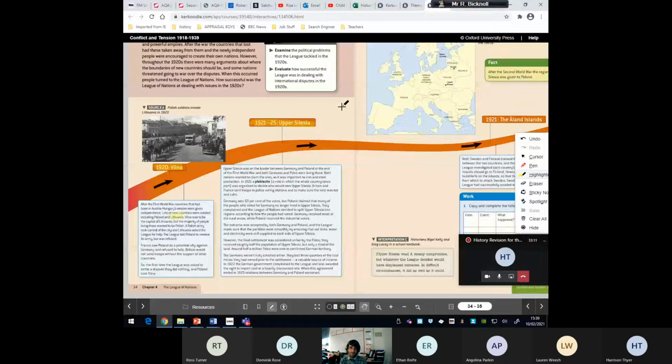And a plebiscite is a vote in which a whole country takes part. And Germany won 60% of the votes. So, according to the plebiscite, Germany should have got Upper Silesia, but Poland said the vote was unfair. They actually said that most of the people who voted for Germany no longer lived in Upper Silesia, so they shouldn't have had a say.